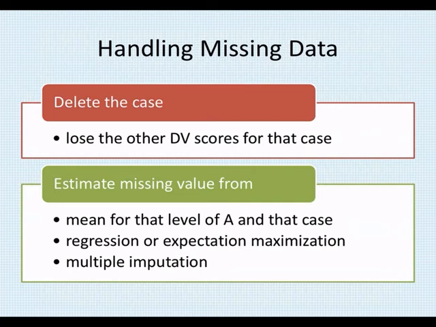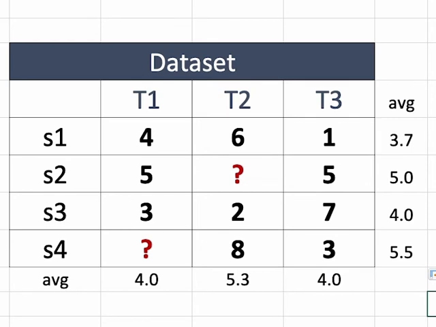Other ways of dealing with missing data are to estimate the missing value and replace it, to make a guess. Some people might wonder, what do we average? Do we average across here or across here? It's reasonable to use an average score.